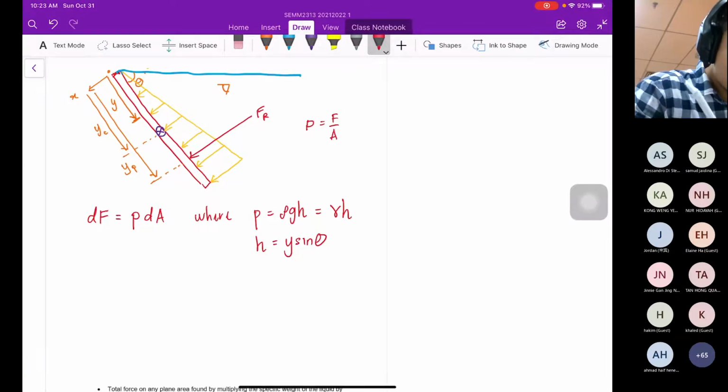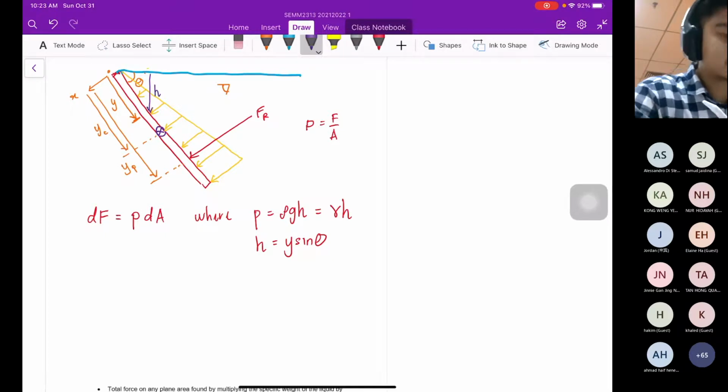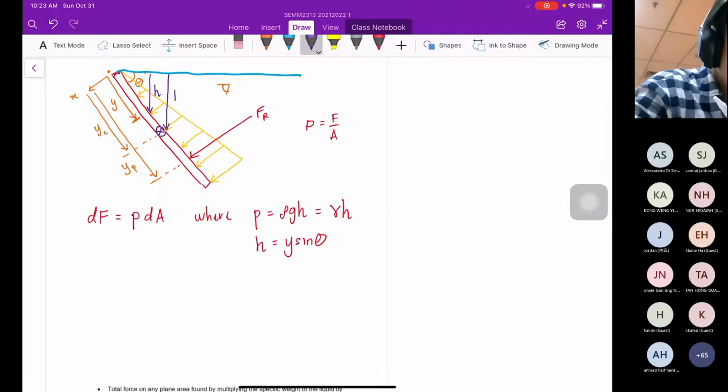I want to show you where is the H. From here to here, basically this is H, because H is vertical. Y can be in their coordinate system. Make sure H is from the top surface to the bottom. It is vertical direction. So from here to here, basically HC.